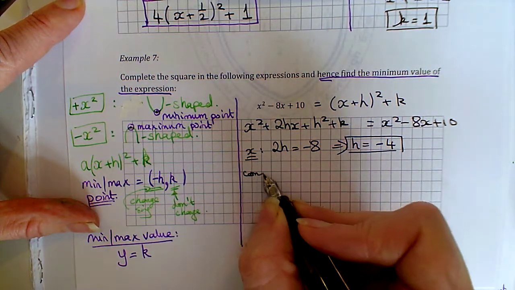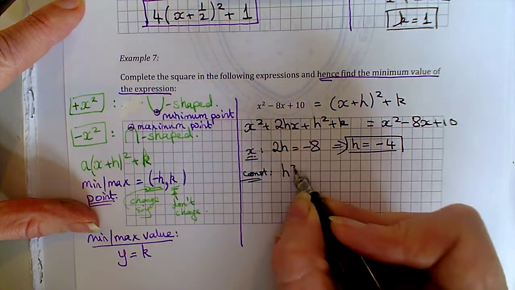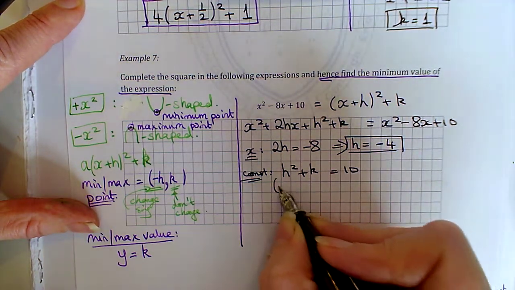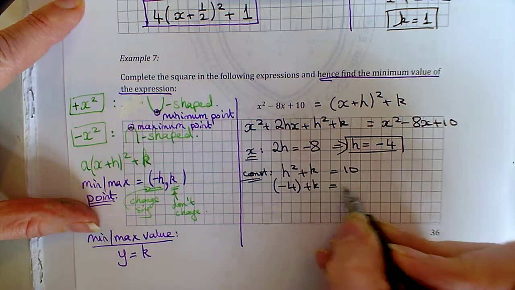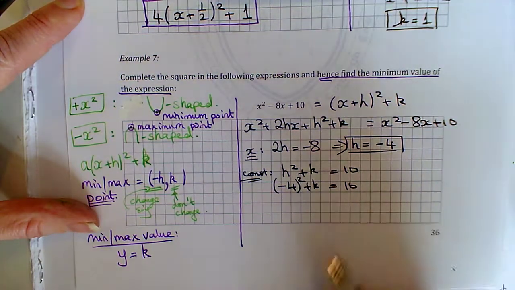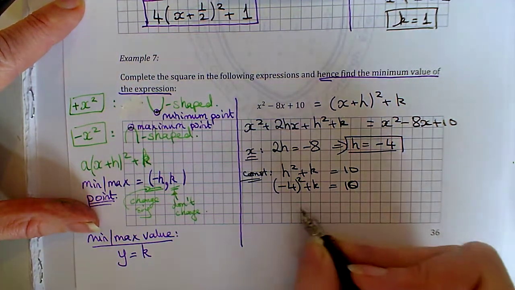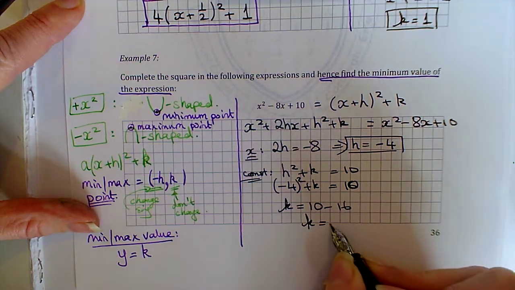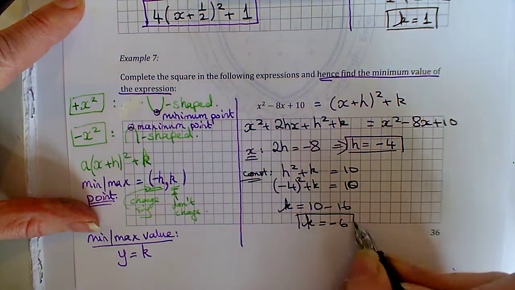And my constant term gives me that h squared plus k is equal to 10. I know the value for h, so minus 4 squared plus k is equal to 10. That's 16. And k is equal to 10 minus 16. k is equal to minus 6.